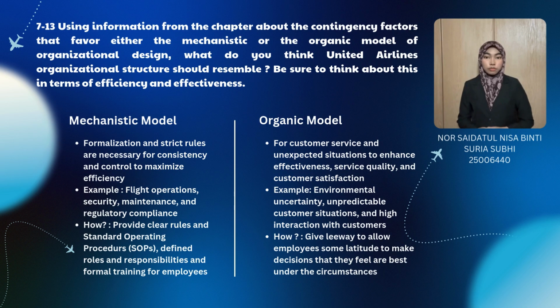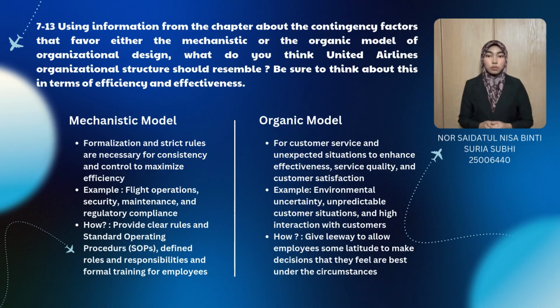It is efficient for routine, safety-critical, and compliance-driven activity to maximize efficiency. For example, flight maintenance, security, and regulatory compliance. United Airlines uses the mechanistic model by providing clear rules and SOPs, defining roles and responsibilities, and holding formal training for their employees.